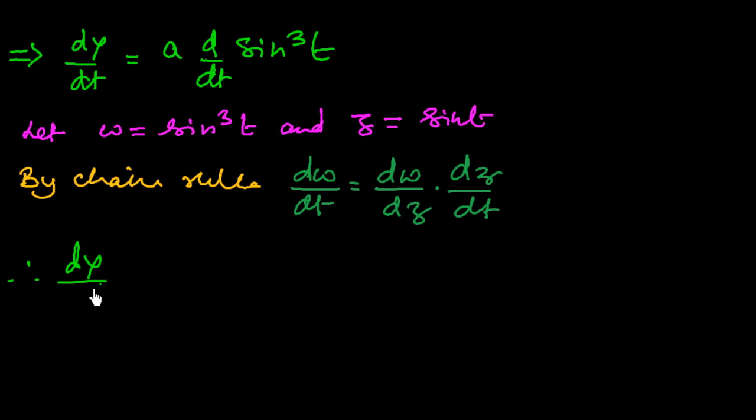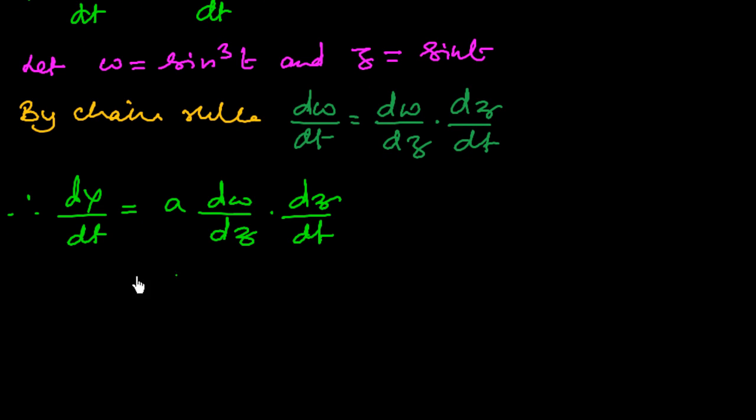Therefore dy over dt is equal to a dw over dz into dz over dt. We know w is sin cube t, so w is equal to z cube.